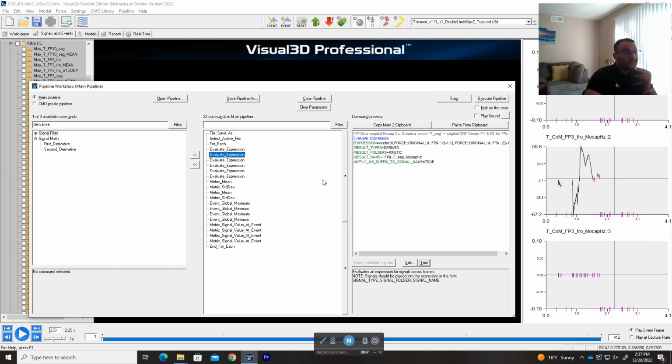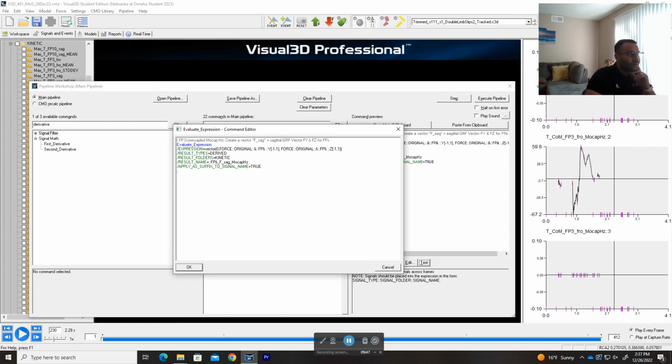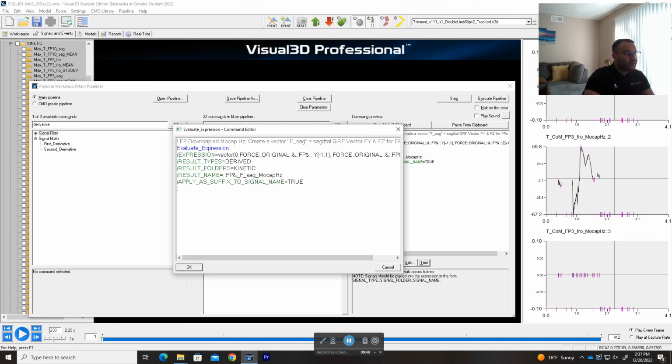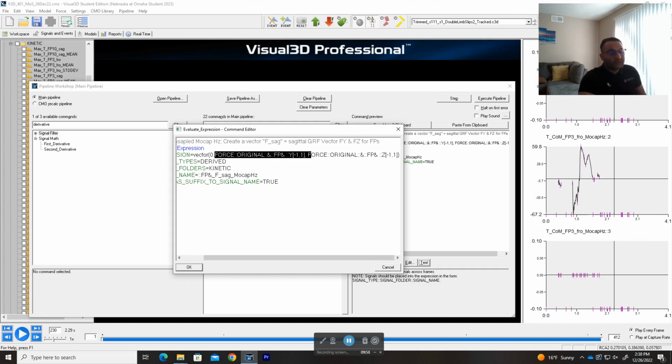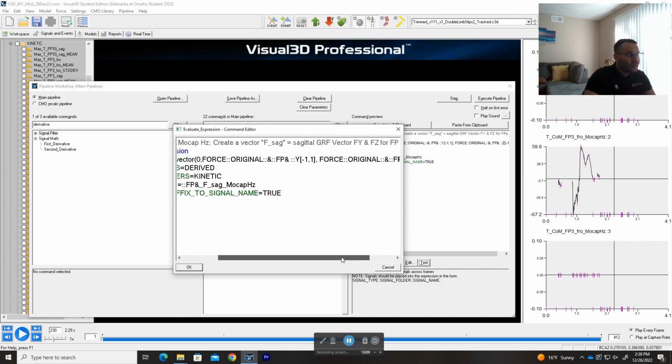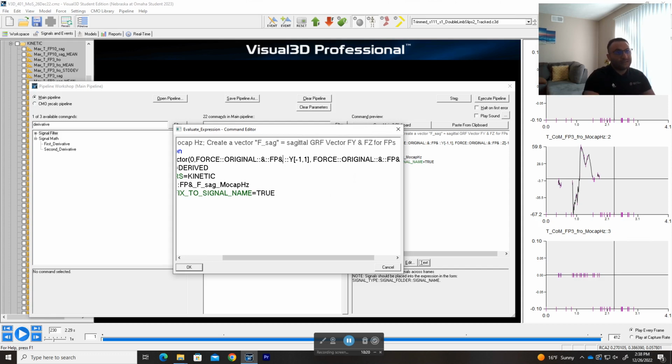All right, and then after that we're calculating the ground reaction force vector, but we're only using the sagittal plane for the force vector. So again, we create a vector, and we give 0 to the x value, the x coordinate, and then we add the y and z values of that ground reaction force vector for each force plate. Again, we separate the FP with the add sign after the two colons, and as far as I tried, you also have to give a space after you add the second add sign.